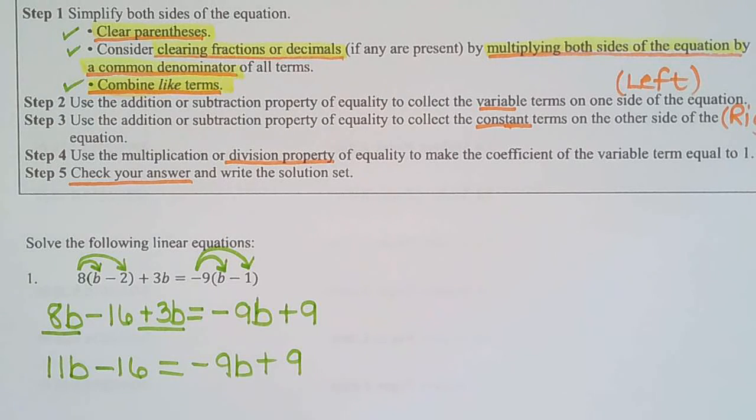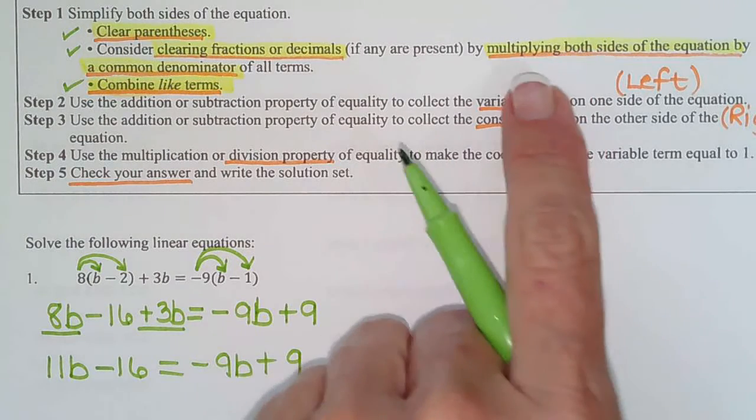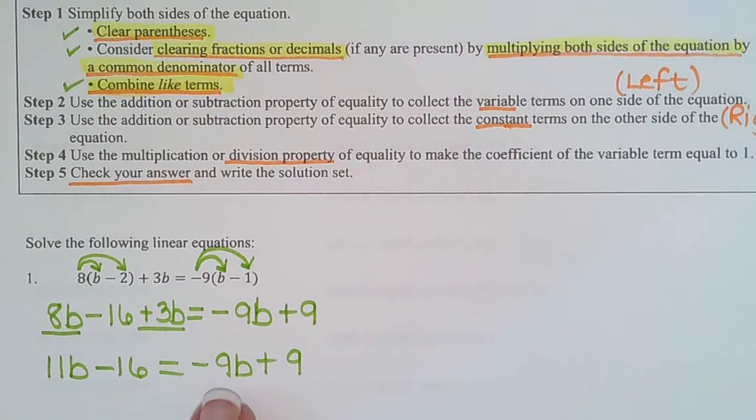So next it says use subtraction or addition property to move all the variables to the left. So I need this variable over to the left. And so whenever we're solving equations, we always do the opposite.